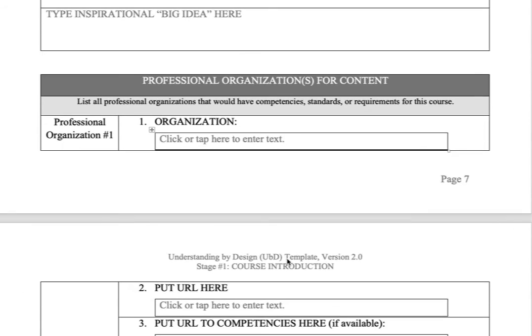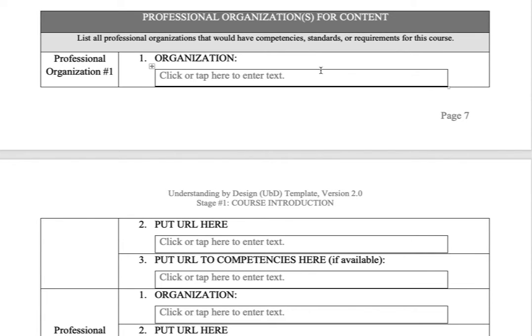And then below there, you're going to see information about professional organizations for content. It's really beneficial to pick standards that have been created by professional organizations that are well respected and are very familiar, that many people such as other teachers, a school district, a state, or even perhaps parents are familiar with.